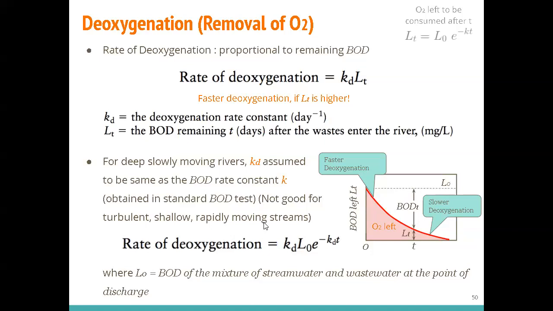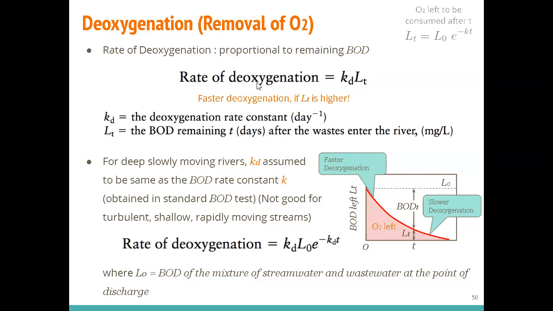Okay, so next we need to talk about the deoxygenation, the removal of oxygen by any processes. So in the last part, we talked about the digestion of organic matter, but here we don't care about which process. We just care about the speed of deoxygenation.